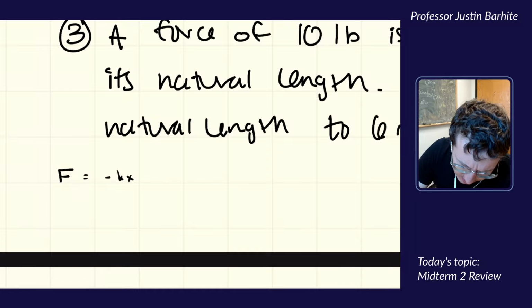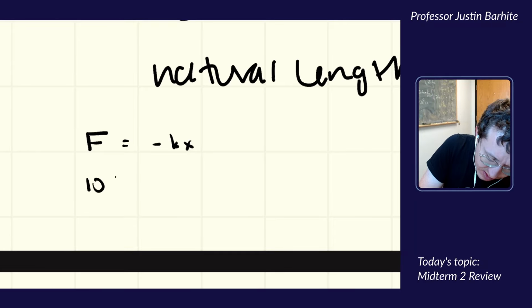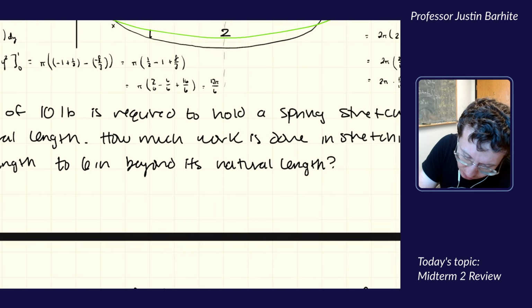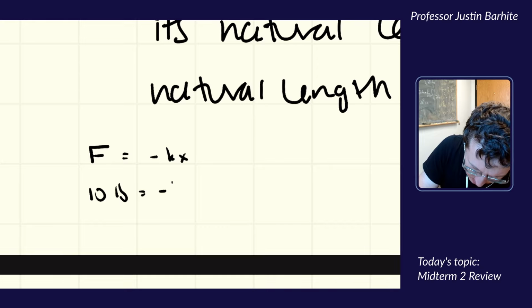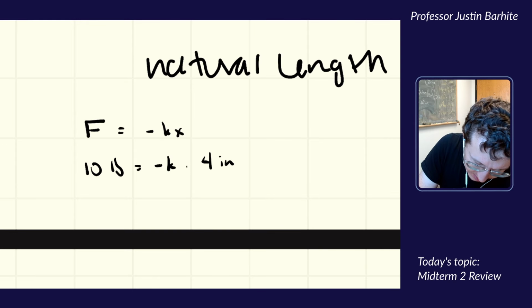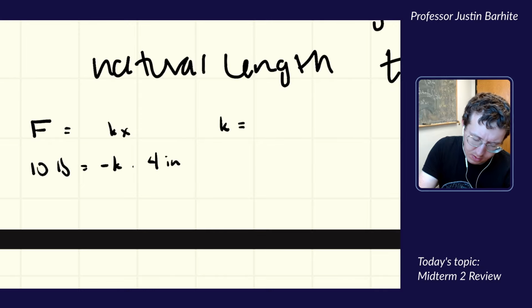So they tell us that 10 pounds is needed to stretch the spring 4 inches beyond its natural length, which means that k is, you know what, let me just erase the minus sign.